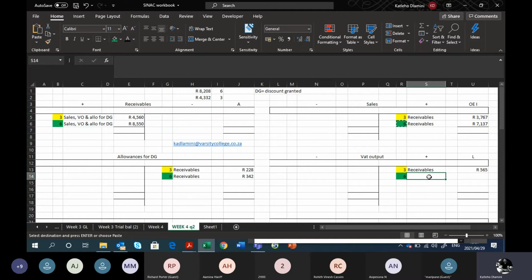Okay, then the 6 over here, let me just copy this down actually. 6 over here, also from receivables. Okay, I'm gonna have, oh sorry, this will be SJ, remember this is a credit sale. So let me just take this.